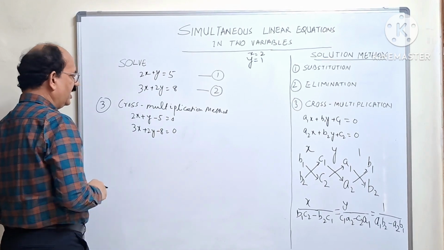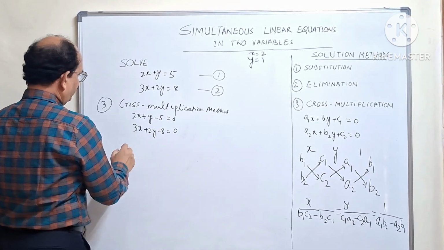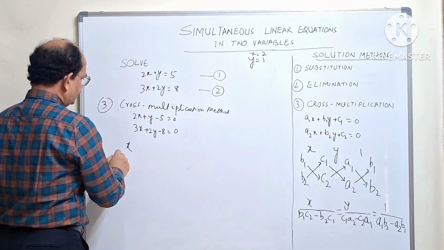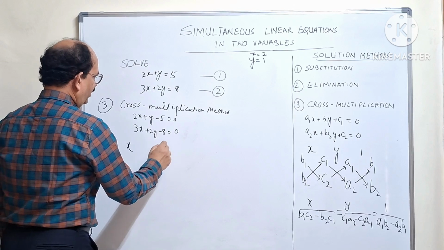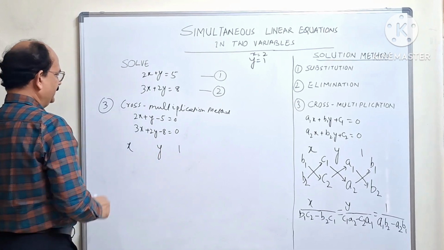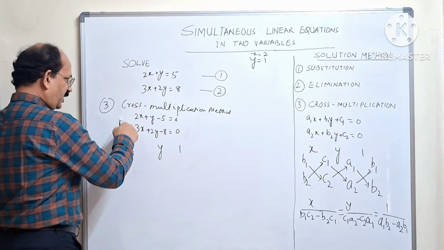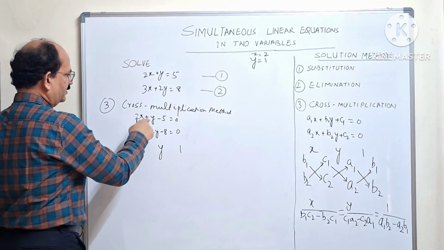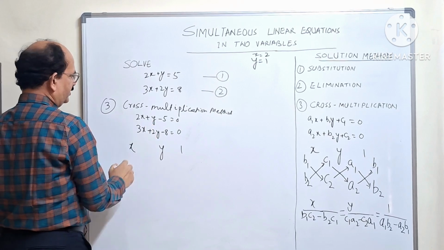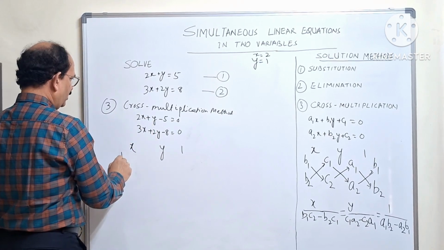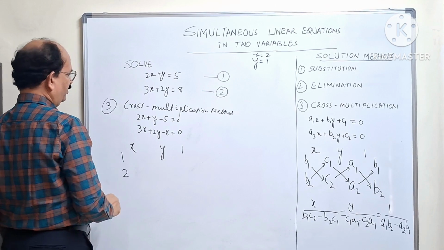Now once we have done that, I need to write x, y and 1, and then omit this coefficient. I have to start with the b1, b2 coefficients, so this will be 1, this will be 2.